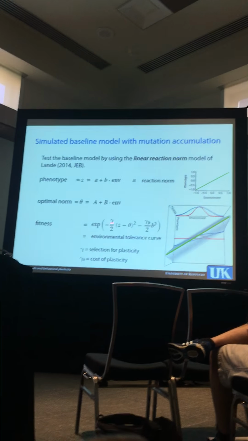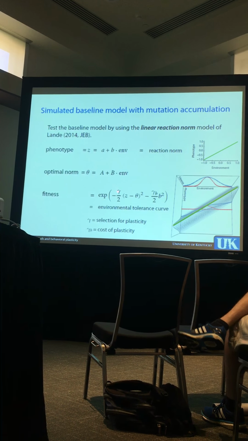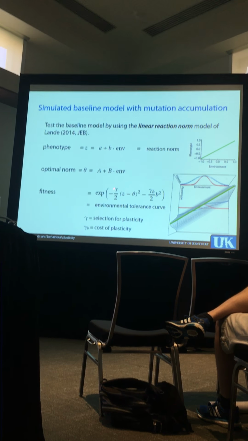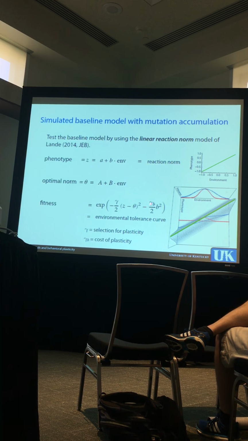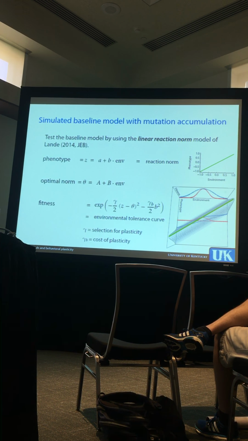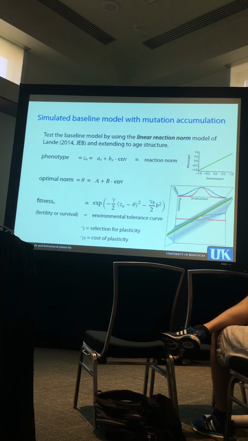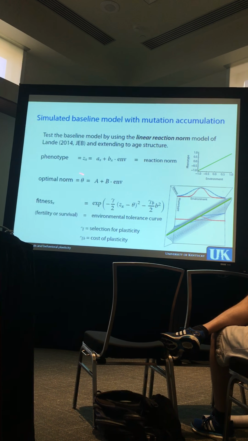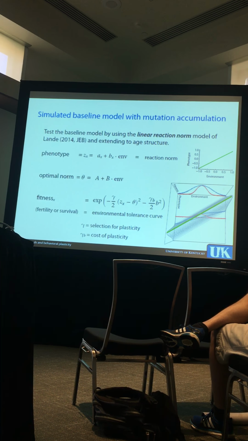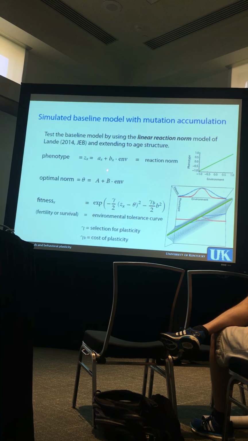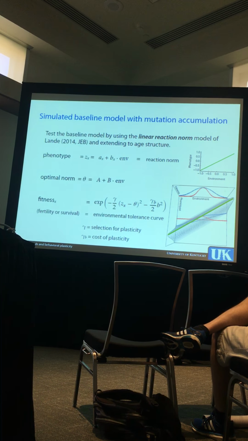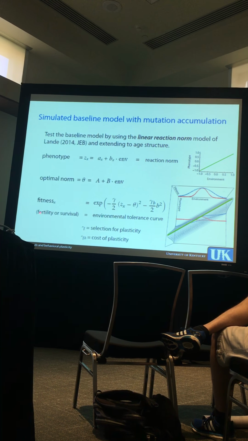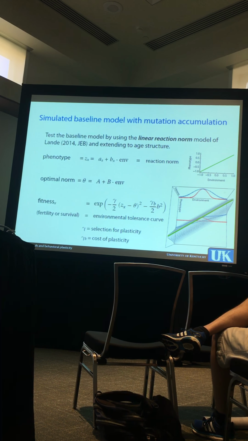The two important parameters are the strength of selection for optimizing the reaction norm, and whether there's any cost of plasticity. To change this model, we'll just add age structure. We'll allow each of these phenotypes to have an age-dependent value, and each of these genetic traits to be expressed at specific ages. The fitness components could then be either components of fertility or components of survival.